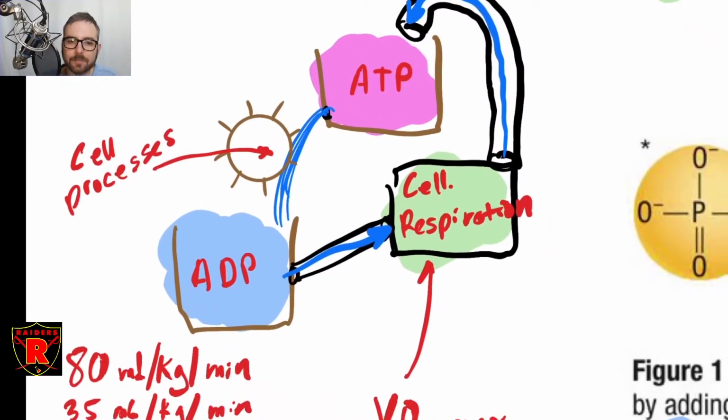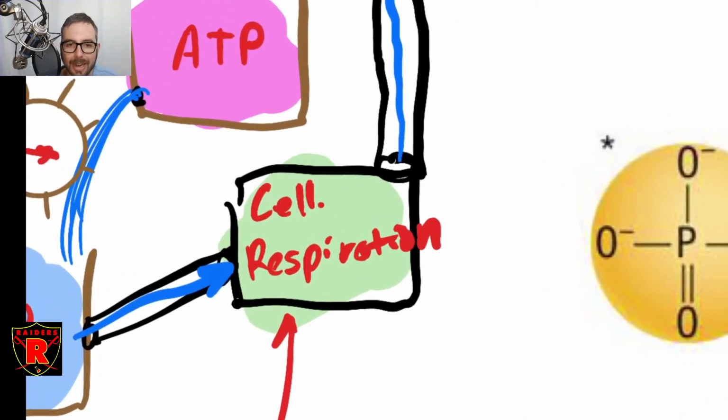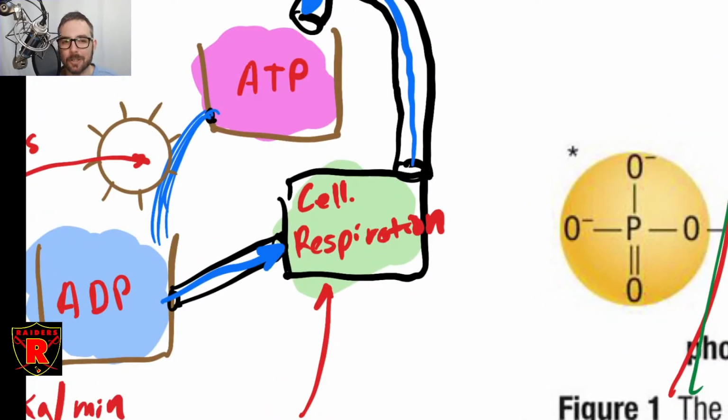What you can measure is not the strength of the tank, but the strength of the pump. That is how quickly you can take stuff from the bottom tank and put it into the top tank. And we have a measurement for this. It is the volume of oxygen that you can process per second.